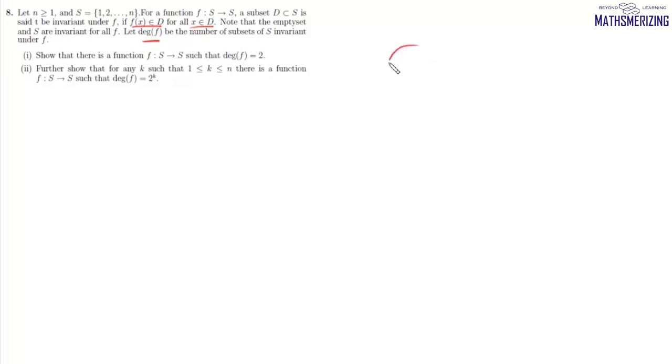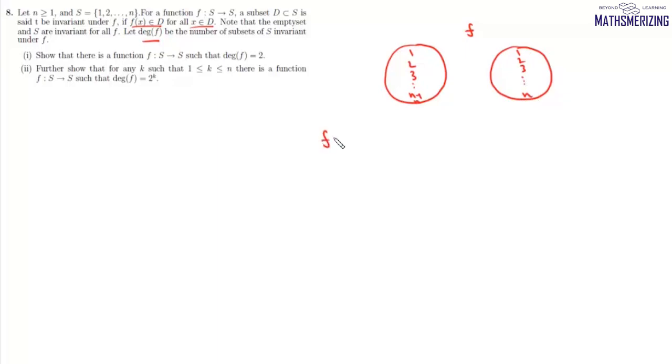Now we are given this function from S to S. So this is 1, 2, 3, up to n, and this is 1, 2, 3, up to n.